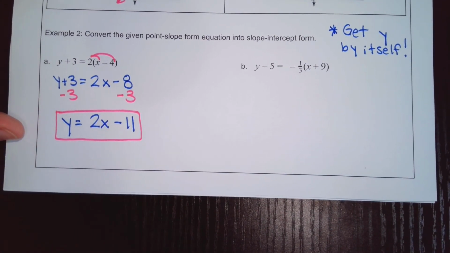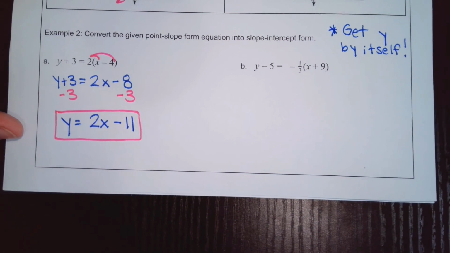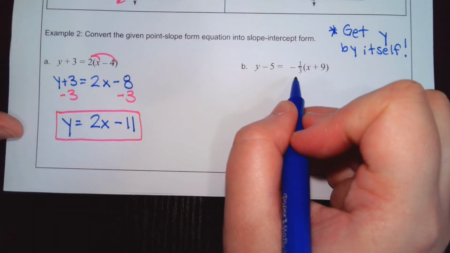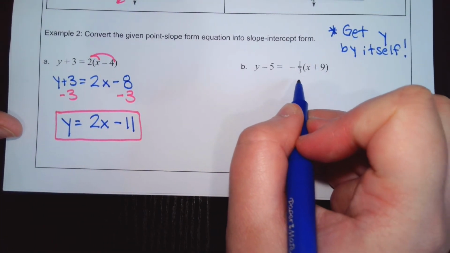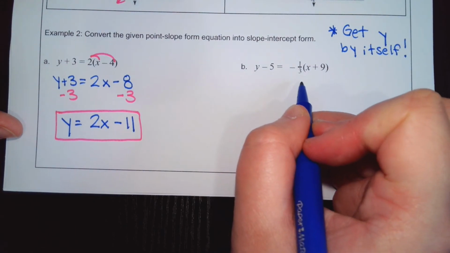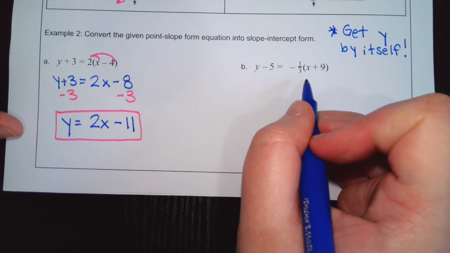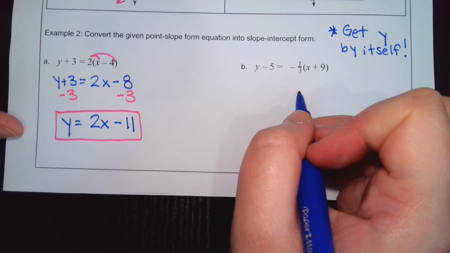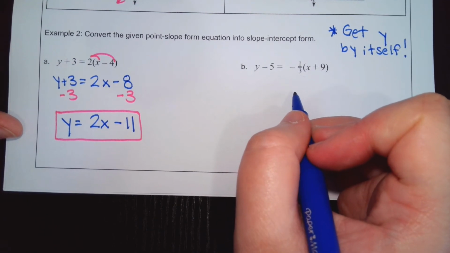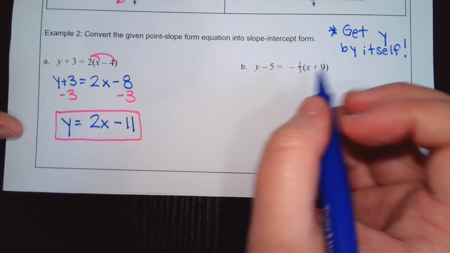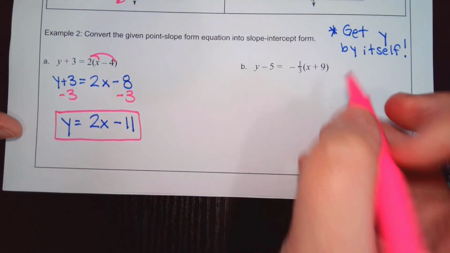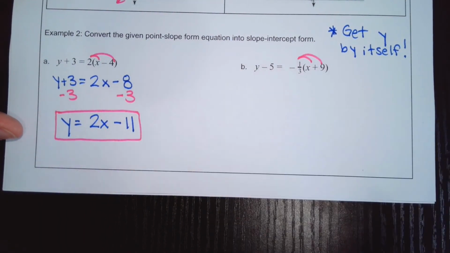This next one, if you are given a fraction, you have to deal with that fraction, and we have to keep it as a fraction because slope is never given to us as a decimal. So again, first we distribute.